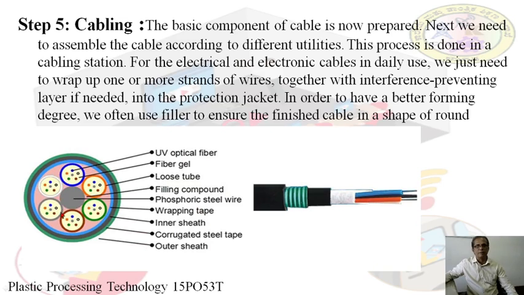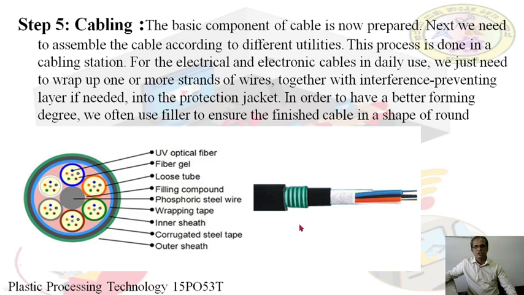A number of wires have been placed. Here, see the fiber is placed and loose material is inside. Filling compound is placed here, and the inner sheet is there, the outer sheet, this corrugated sheet, tape, inner sheet, then this is a wrapping tape and phosphoric steel wire and filling compound is placed.